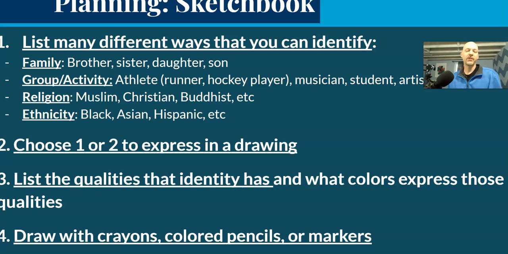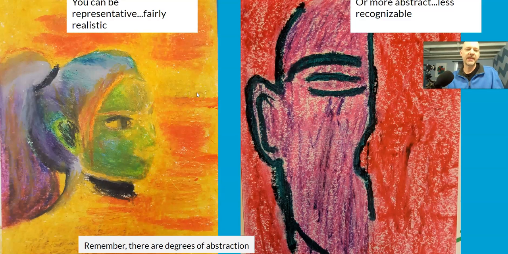And you can draw it with crayons, with colored pencils, with markers, with whatever you have around. Here are some examples. You can be fairly representative, kind of realistic if you like, or you can go more and more abstract. Because remember, there are degrees of abstraction. Notice on the left how those warm colors in the background really create this feeling of energy.